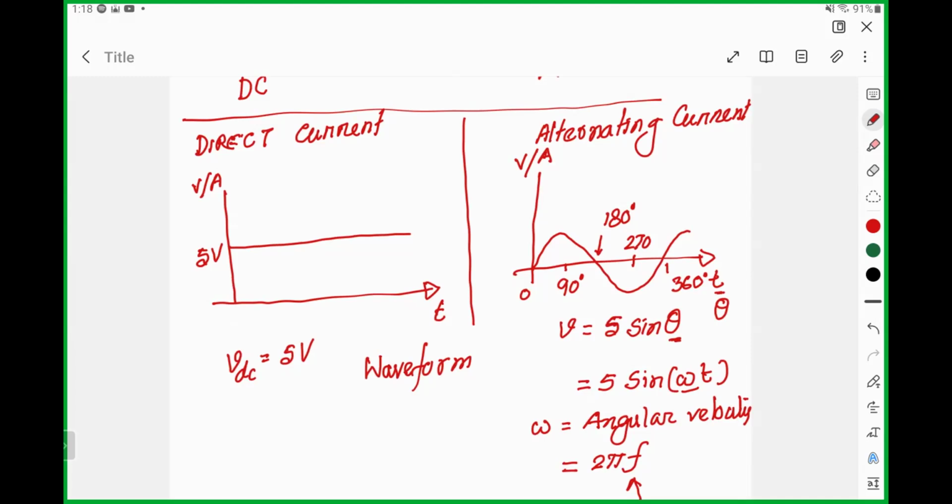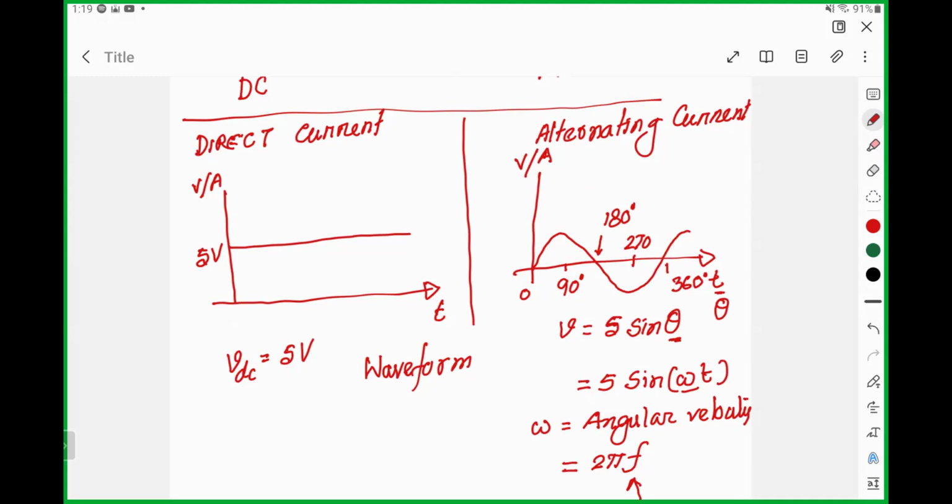What is the definition of linear? Constant. It's not linear. Linear means it's varying with time. So this one is a constant value. What about the polarity? Doesn't change. What do you mean by polarity?